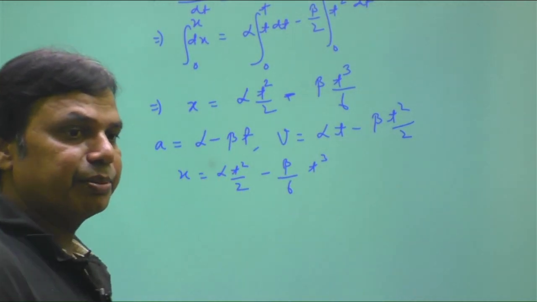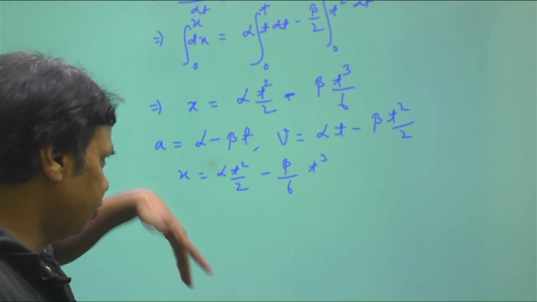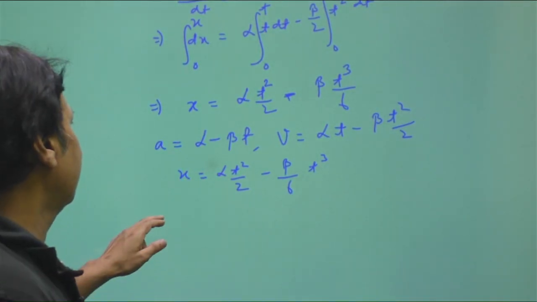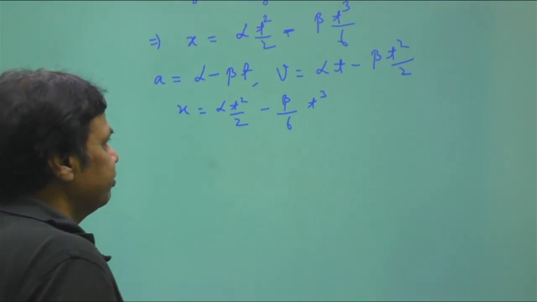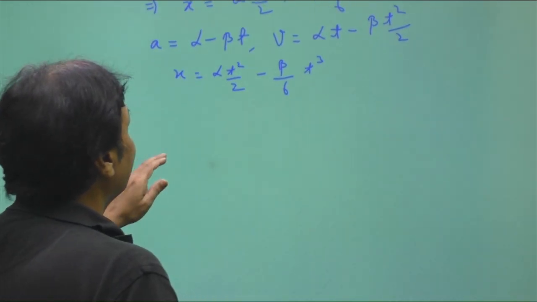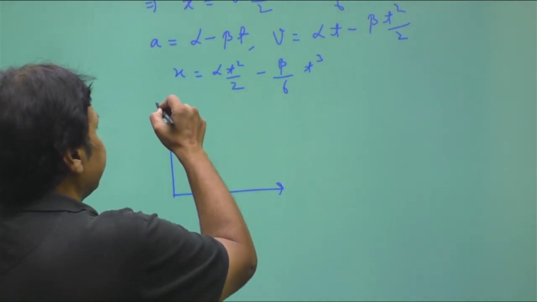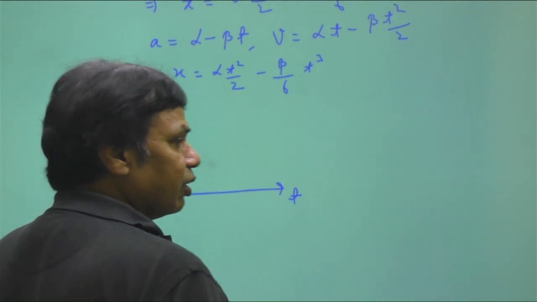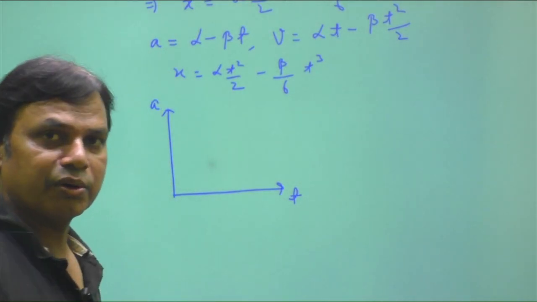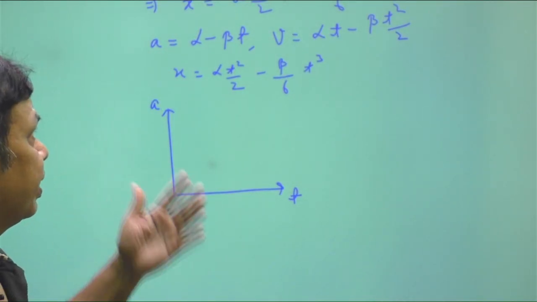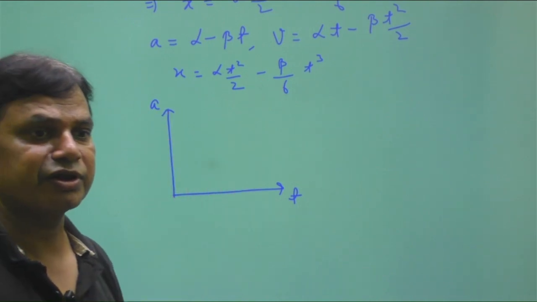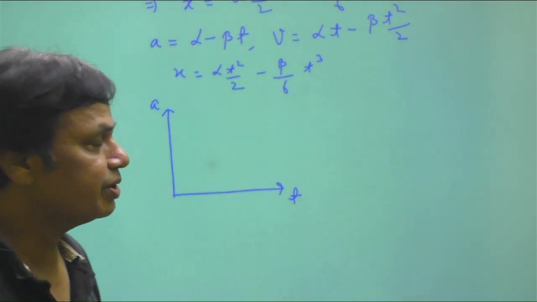And if you want to draw these equations, the first equation is easiest to draw because acceleration depends on the linear power of t. That means it's an equation like y equals mx plus c.